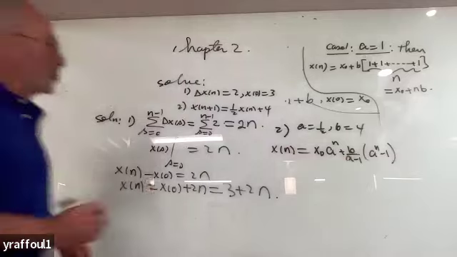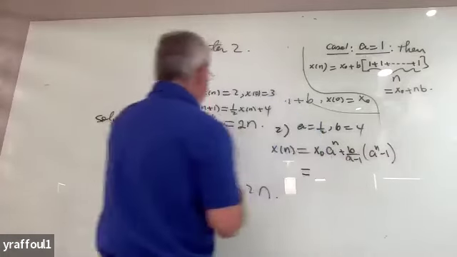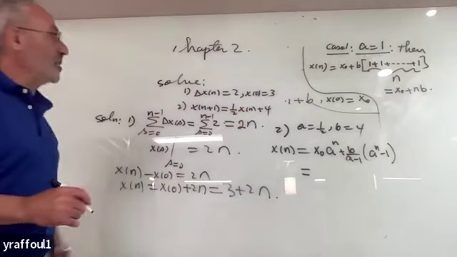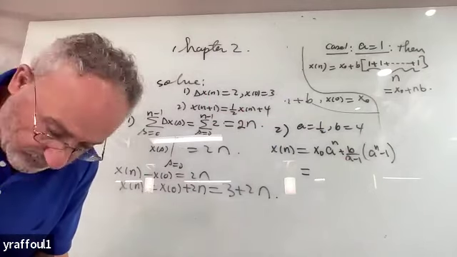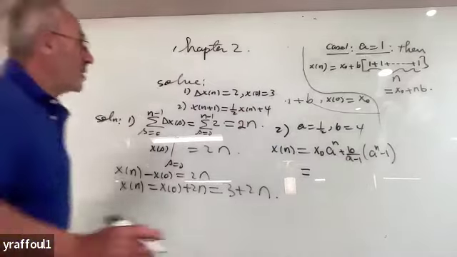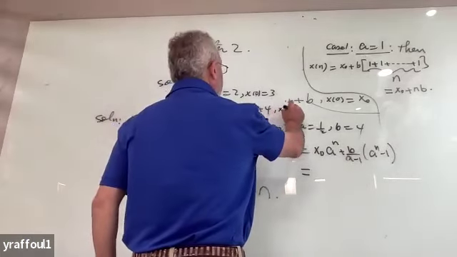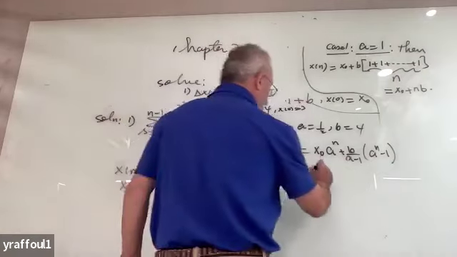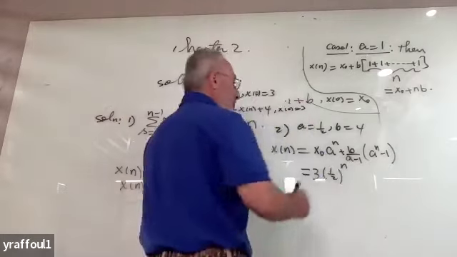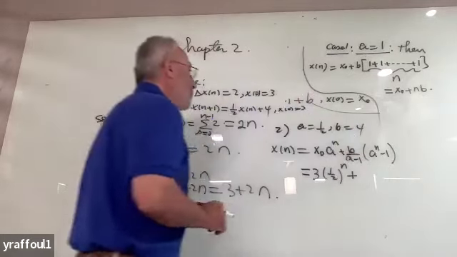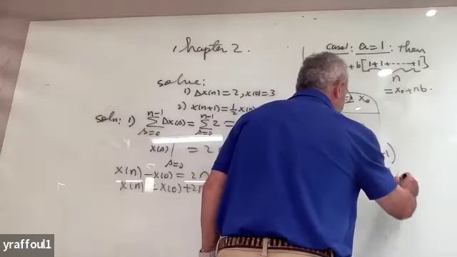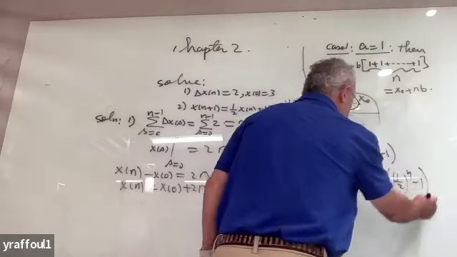Okay? So that is x0. Oh, I didn't give you x0. Let's see. Oh, x0 is 3. So it will be 3 times 1/2 to power n, plus b is 4 over 1/2 minus 1, times 1/2 to the n minus 1.